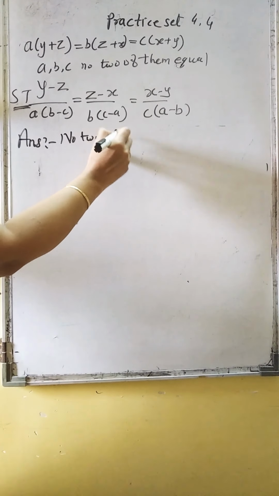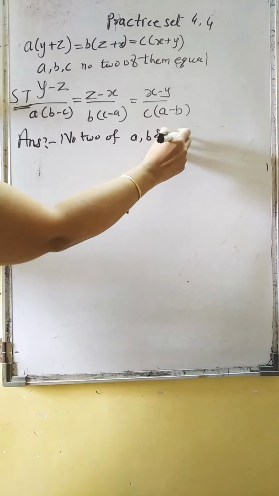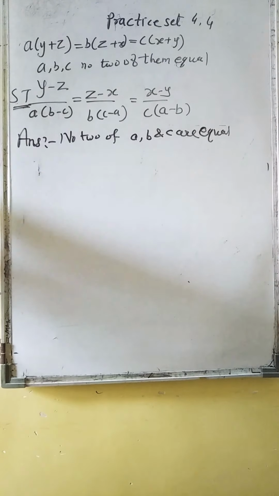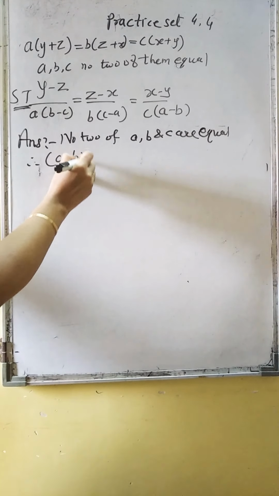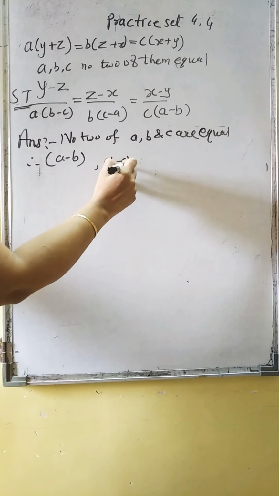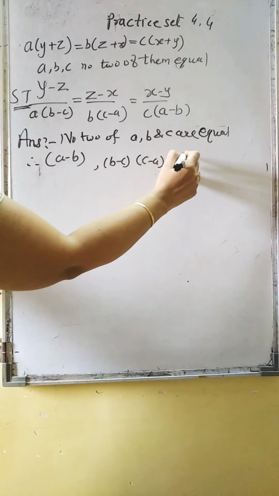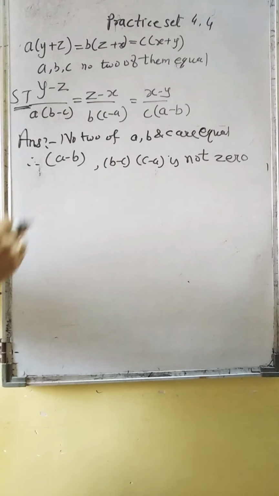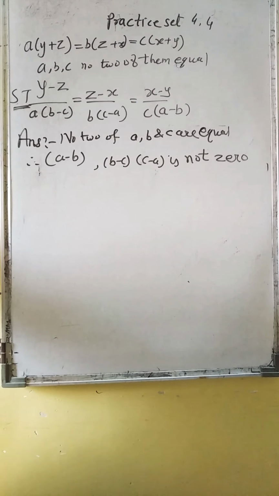No two of a, b and c are equal. Therefore we can divide by a minus b, b minus c and c minus a, which are not 0. If they were equal, their subtraction would be 0. They are not equal, so their subtraction will not be 0.